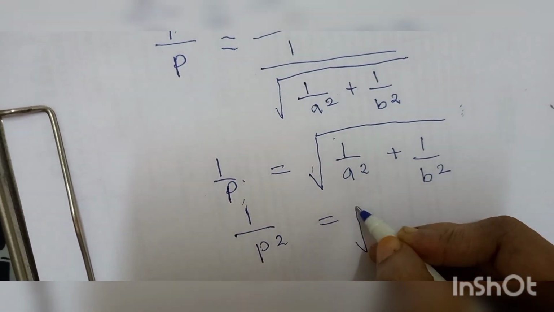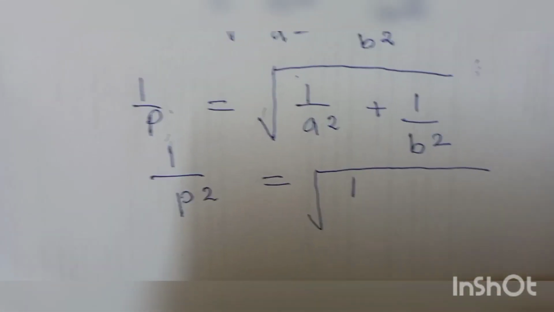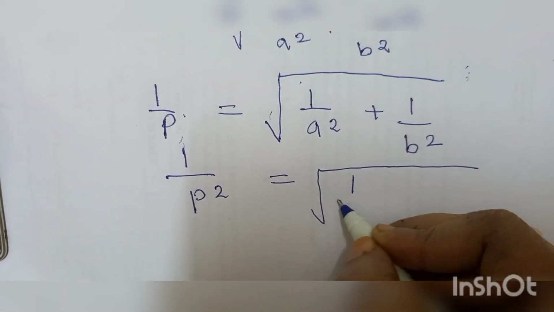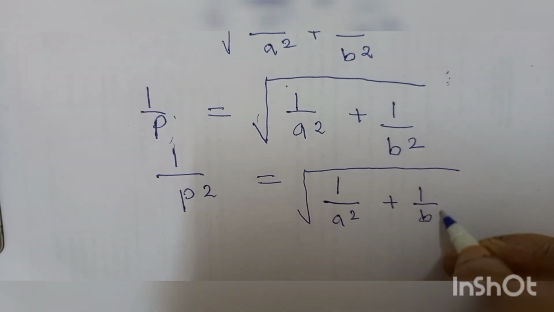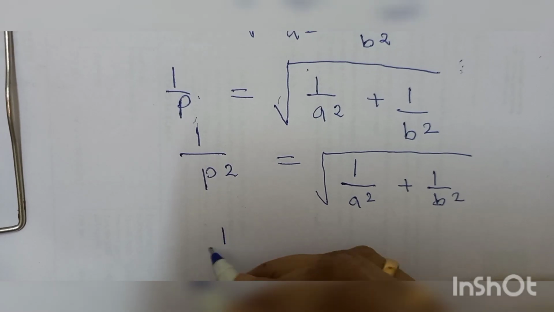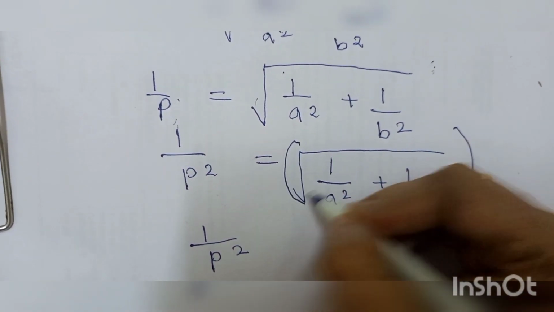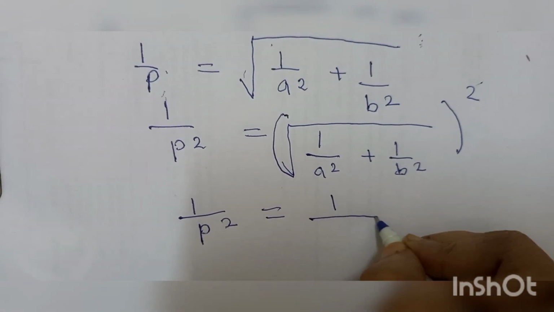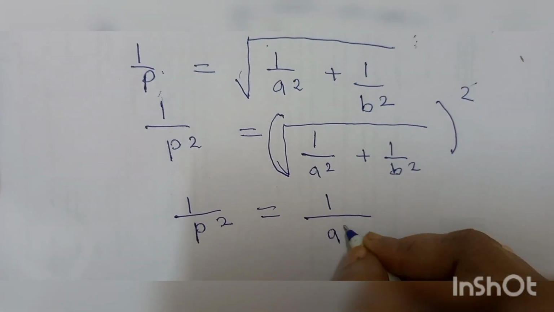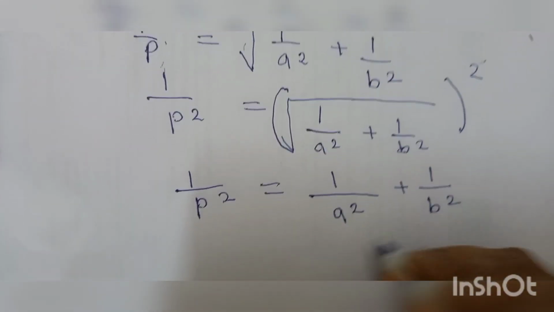So after squaring we get 1 by p square is equal to 1 by a square plus 1 by b square we get. Hence the proof.